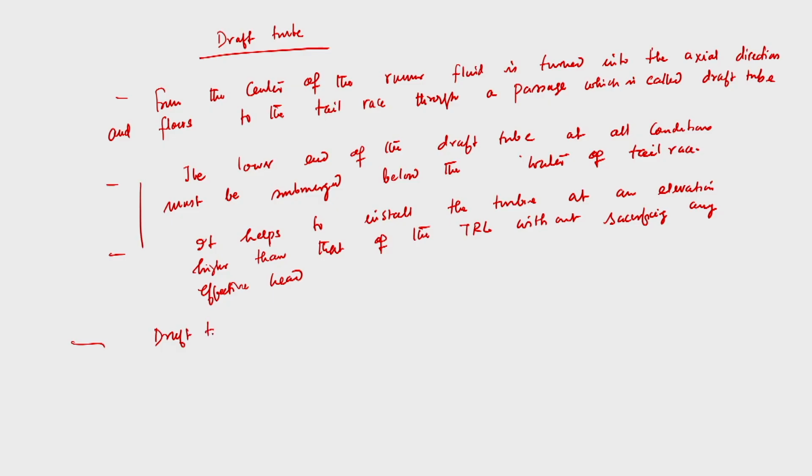Now, the draft tube, as I said, its cross sectional area is gradually increasing in the direction of flow, so that, as I said, maybe all the overall head is not converted into the kinetic head.